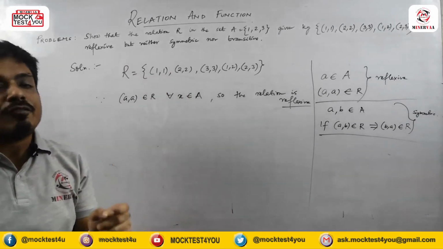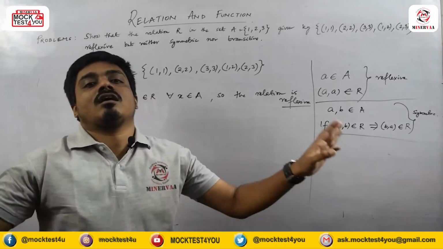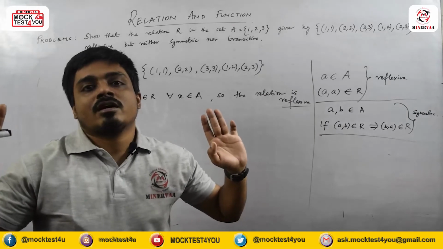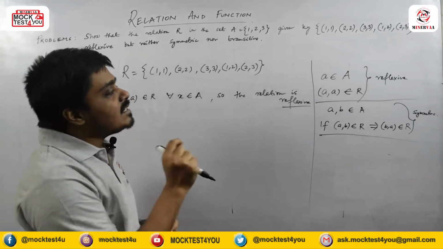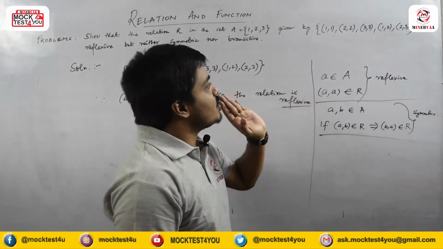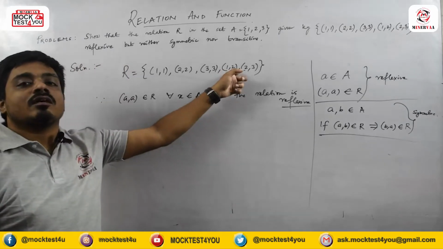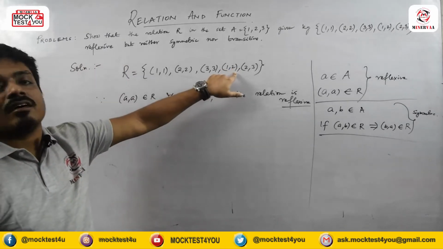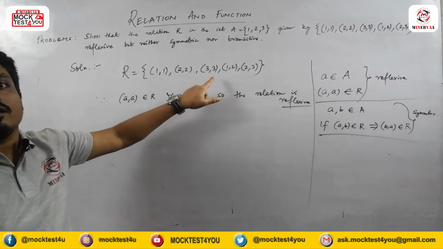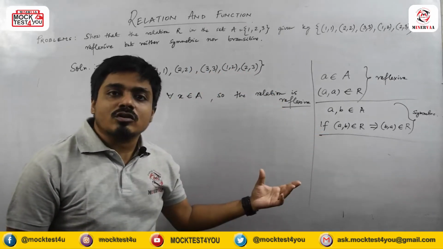If I have one problem in there, then the whole relation is a problem. One condition which meets the condition of not symmetric, then the entire relation is not symmetric. Look at the element (1,2): (a, b) is here, but (2,1) is not in here. So the symmetric condition is not followed.